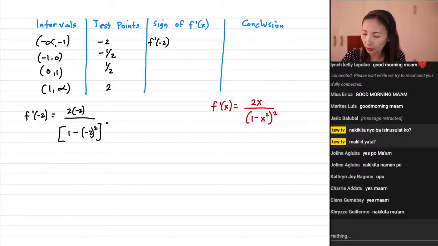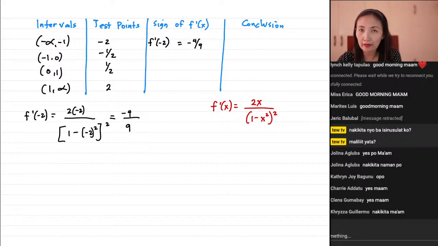This is negative 4 all over 1 minus 9, which is negative 9 in the denominator. So the sign is negative: negative 4 over 9.